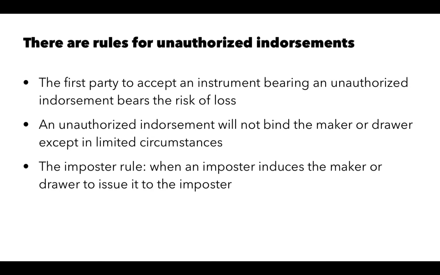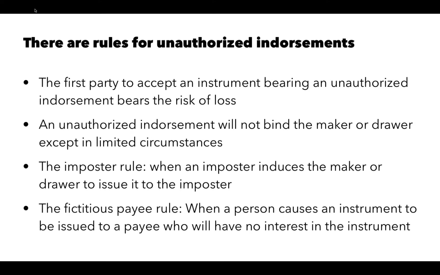Now, there's also the imposter rule. The imposter rule says that when an imposter induces the maker or drawer to issue the instrument to the imposter, the loss would fall on the drawer or maker.